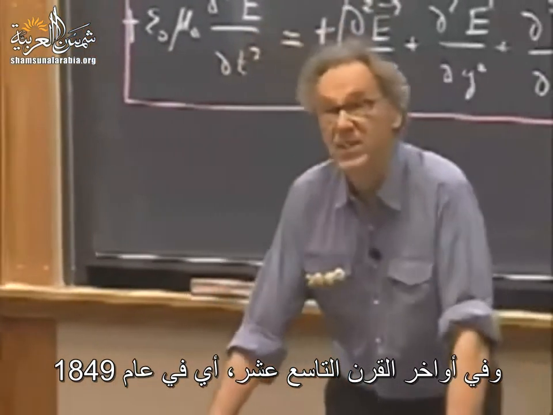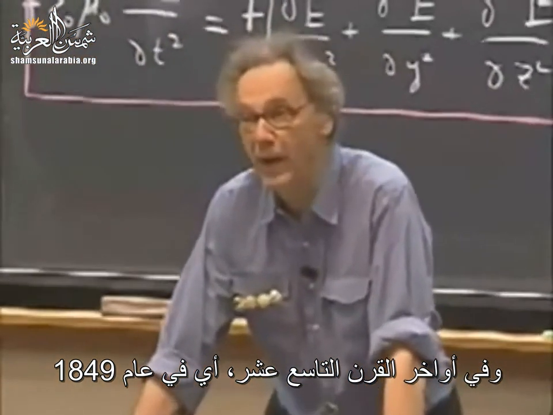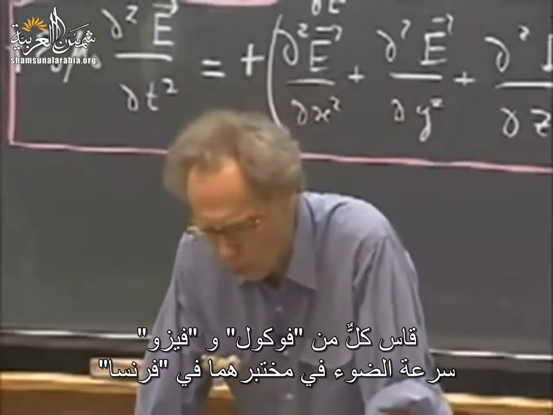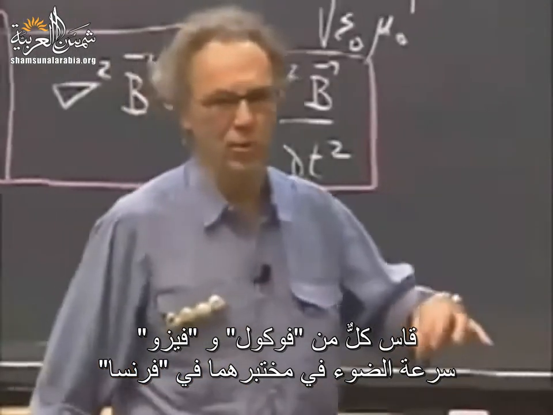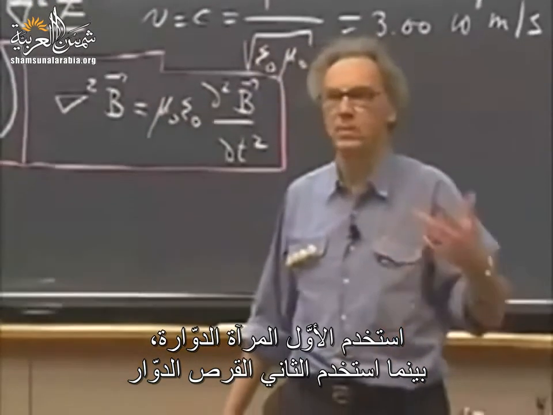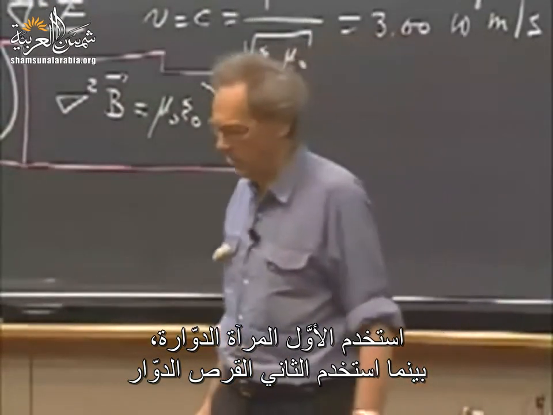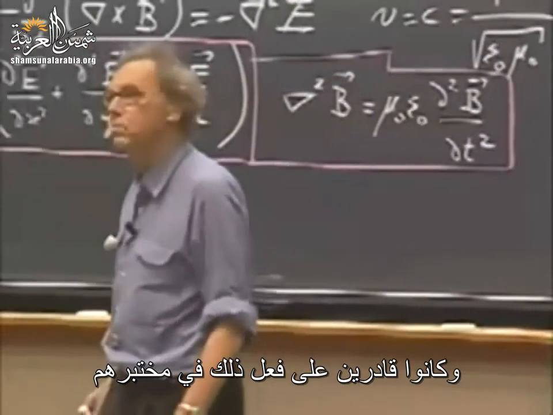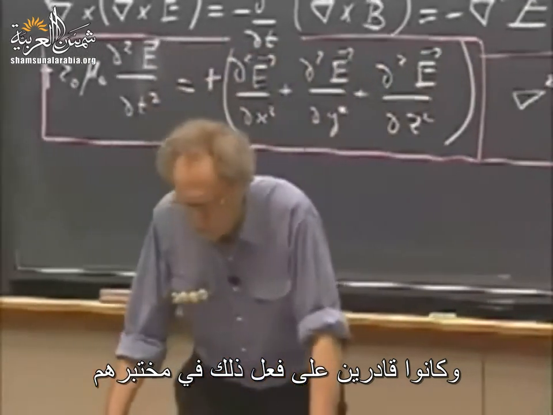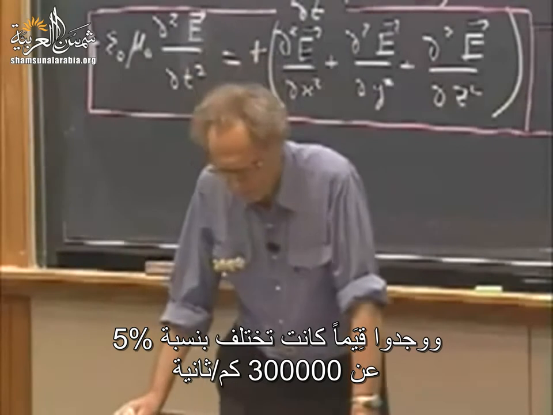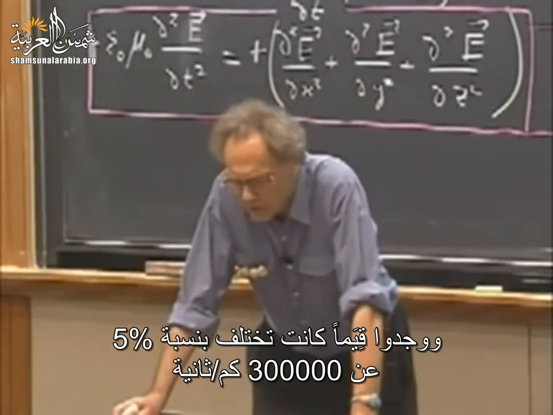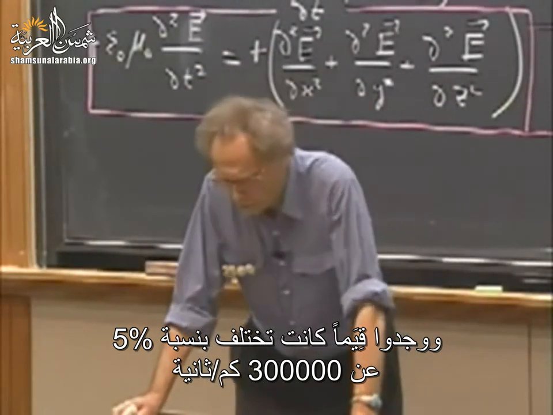And then in 1849, both Foucault and Fizeau measured the speed of light in their laboratory in France. One used a rotating mirror, the other used a rotating disk, and they found values which were within 5% of 300,000 kilometers per second.